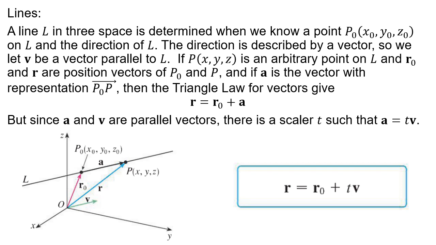But since a and v are parallel vectors, there's a scalar t that gives you a equals t times v. Putting that into our triangle law gets you a formula, this little blue box right here, on how we're going to write the equation of a line based in vectors.